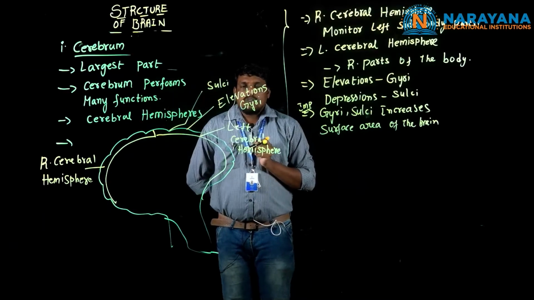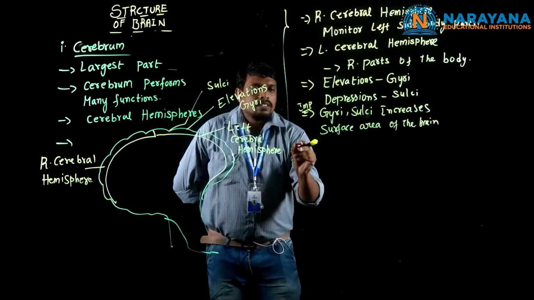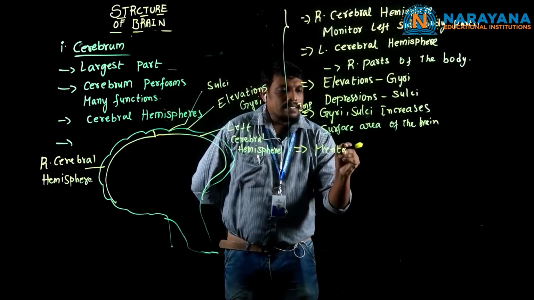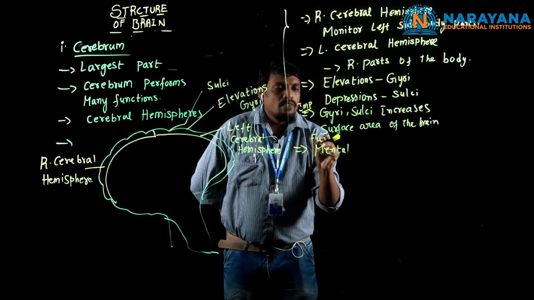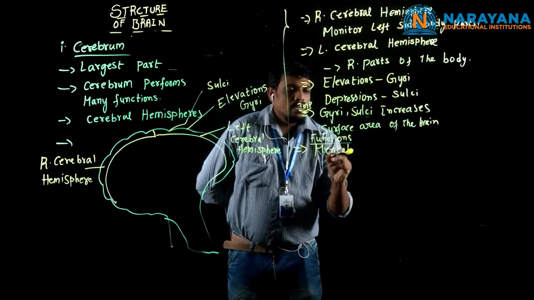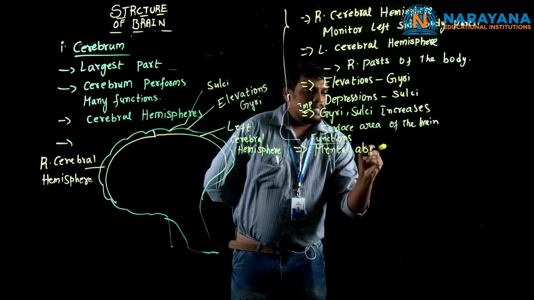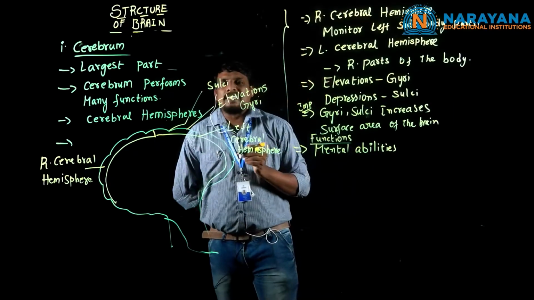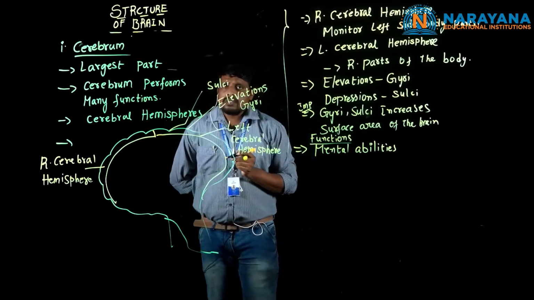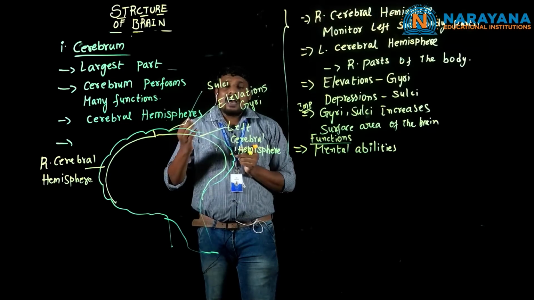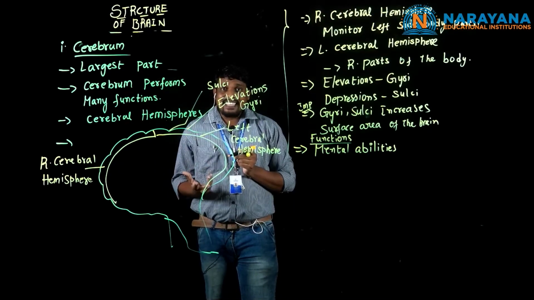Clear? Here, cerebrum is responsible for mental abilities. Let us learn the functions of the cerebrum. Mental abilities include analytical thinking, arithmetics, and reasoning.